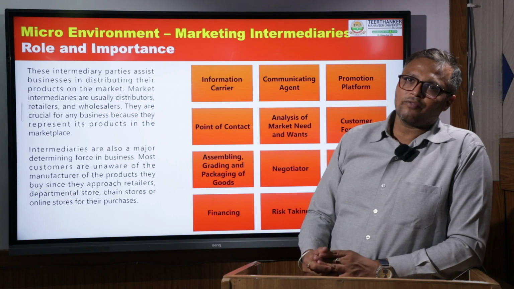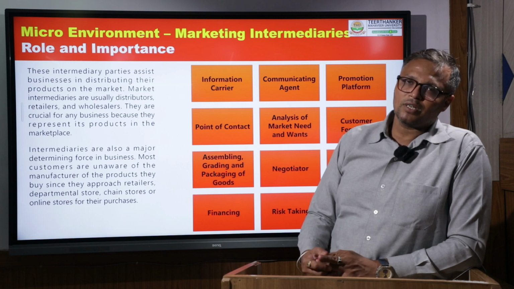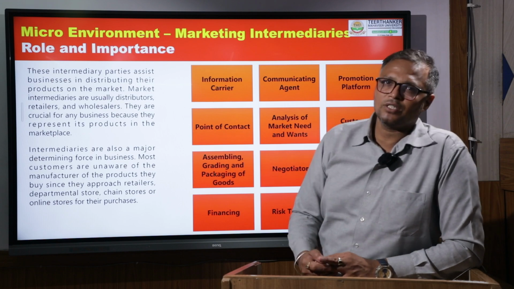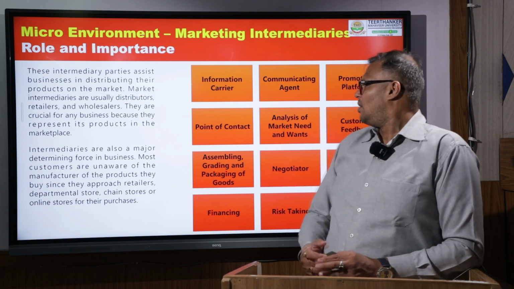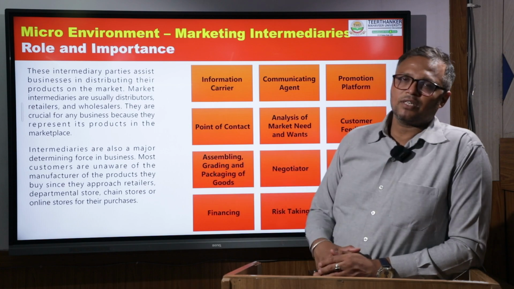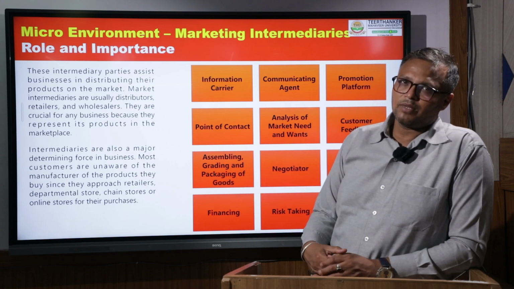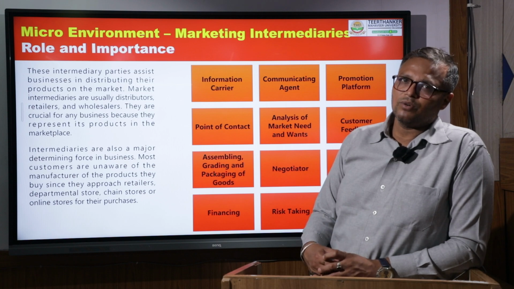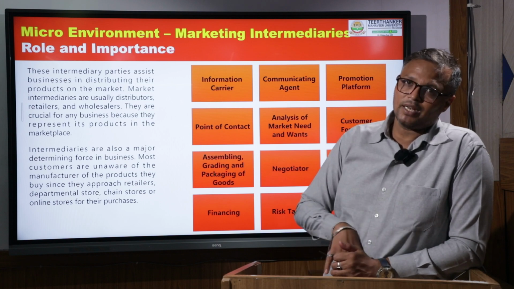Then those packings are further purchased and divided among the retailers. They sell in small volumes, either in grams, half kg, 1 kg, or something like that. So this is called packaging, which is done by the marketing intermediaries at various stages, various levels, based on their position and the level of market they are handling.